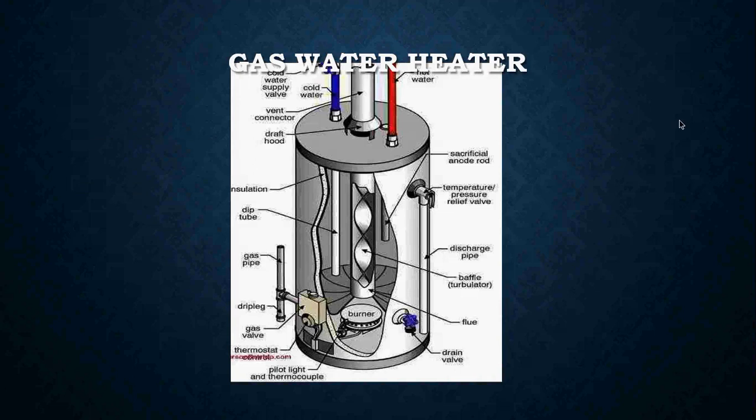Okay, here's a typical gas water heater. Down here is our burner. You can almost think of a water heater like a pot of water on a stove. Here's my burner, which is down here. This up here would be all filled with water. But notice the flue pipe on a gas water heater sticks right through the center. Cold water is coming in, which is going to fill up my water heater from the bottom up. And when I open up my tap, that hot water is now going to come back out.